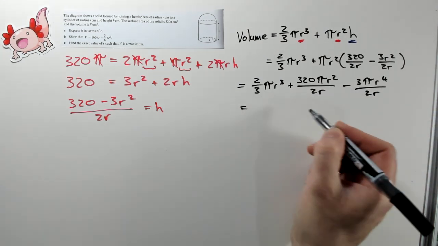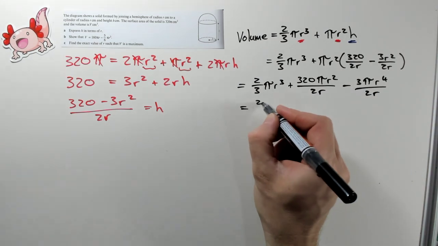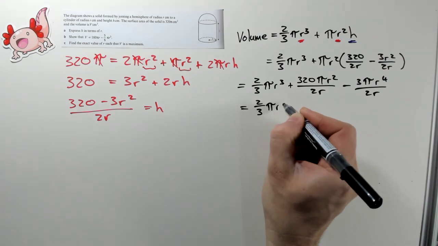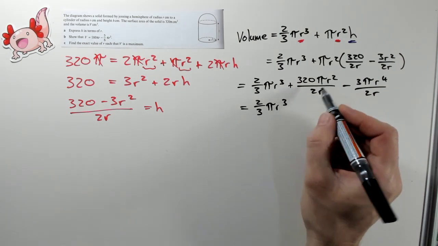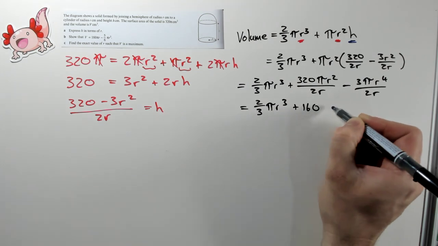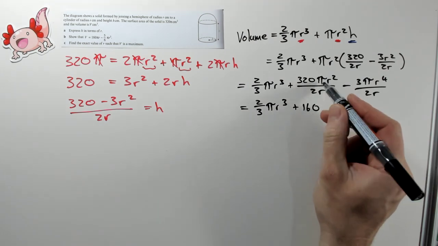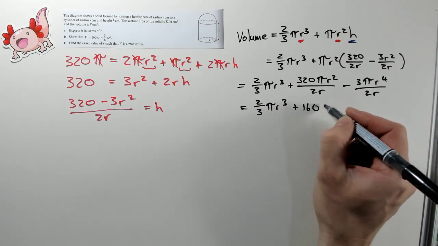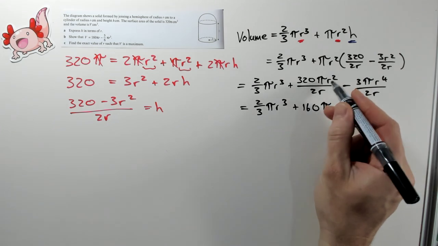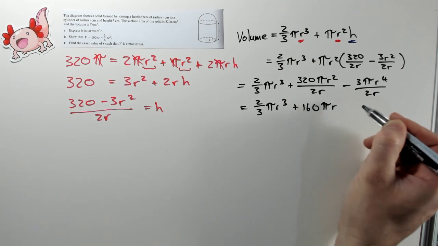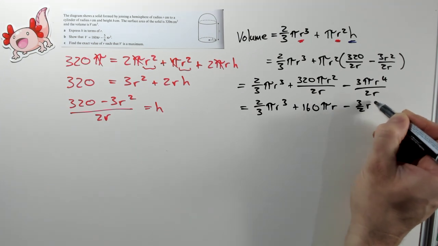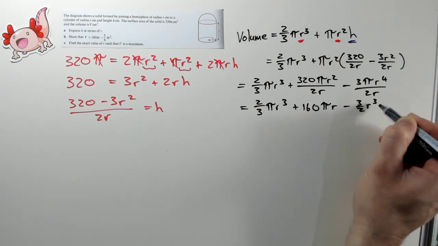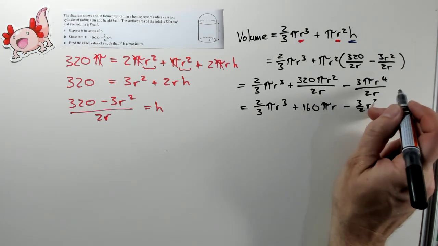And I can just kind of neaten this up. So 2 over 3 pi r cubed, and this is going to be 160. The pi is going to still be there, and there will be 1r at the top, and this will be minus 3 over 2, and that will be pi r cubed.